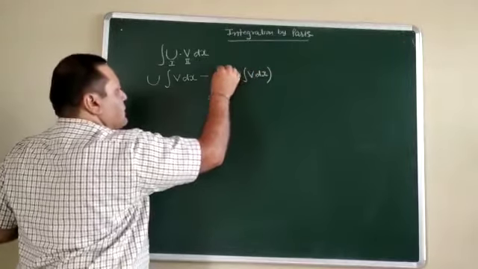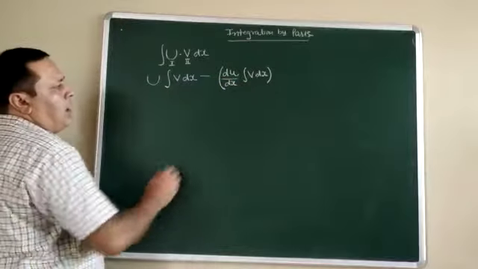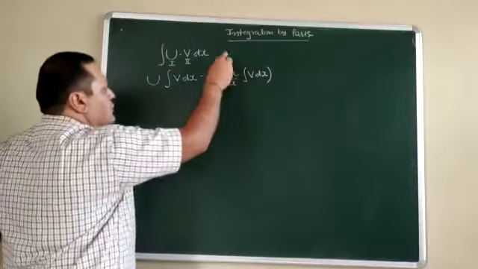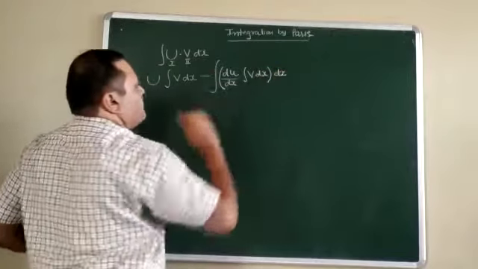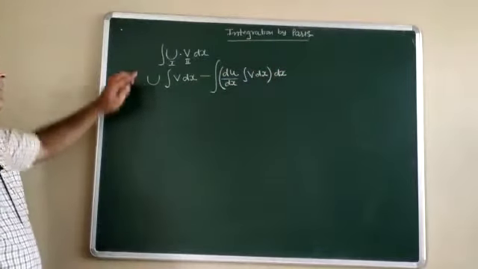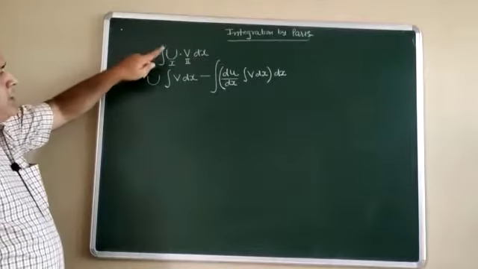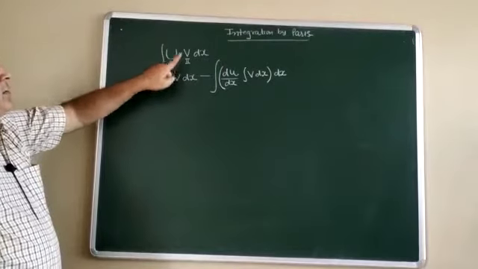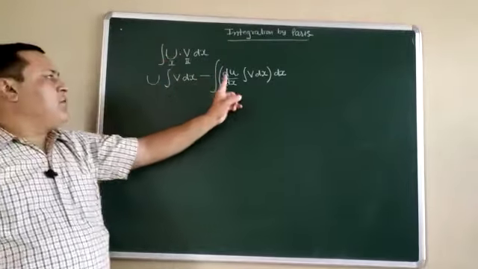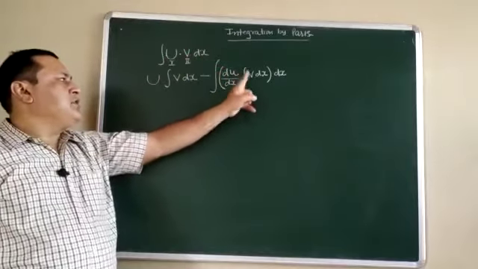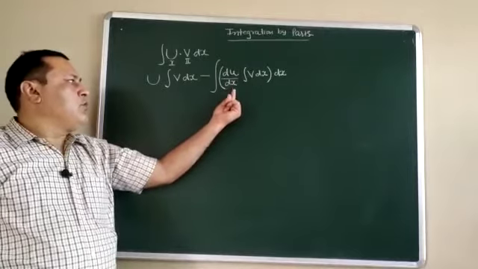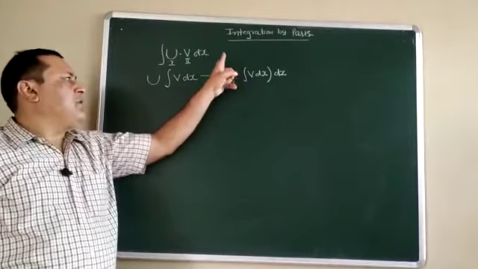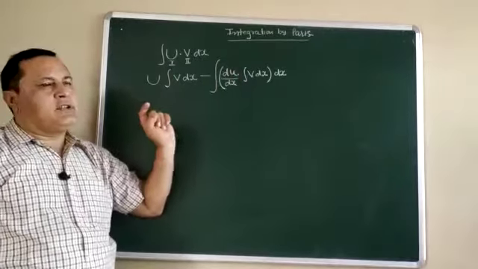Whatever result you get here, after simplification of these two, you go for integration again. Listen carefully again: first function as it is, integration of second, minus derivative of first and integration of second. Whatever result you get, we simplify, and after that again it's integration.